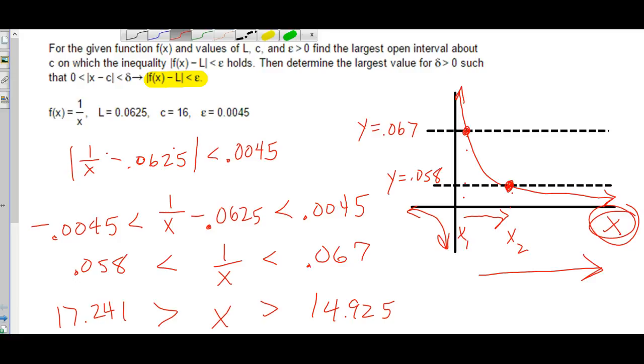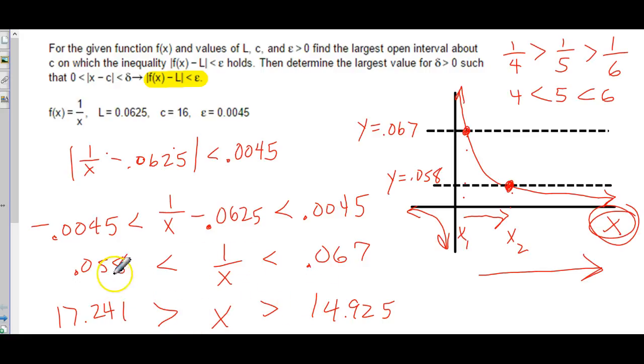You can also think of something that's probably easier to think through. You have 1/4, 1/5, 1/6. This is bigger than this, and that's bigger than that. Well, what happens when it's 4, 5, and 6? Now this is smaller than this, and this is smaller than this. So the point being, when you reciprocate an inequality, the order changes.